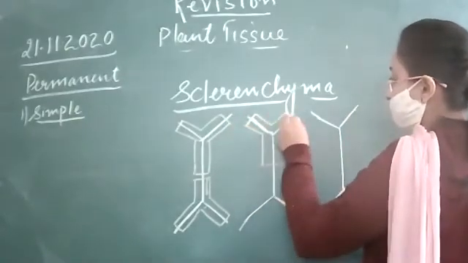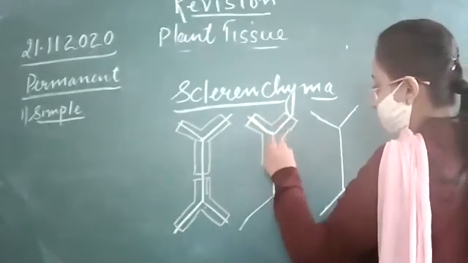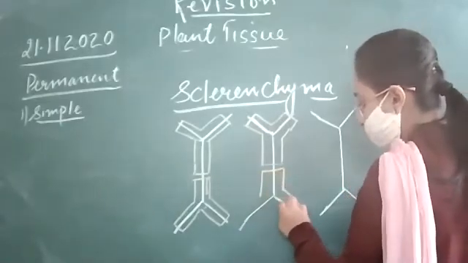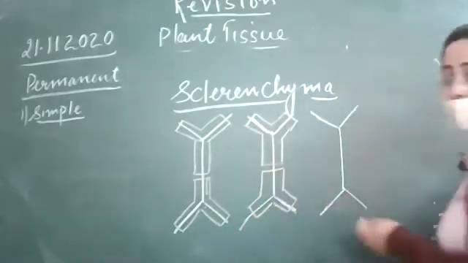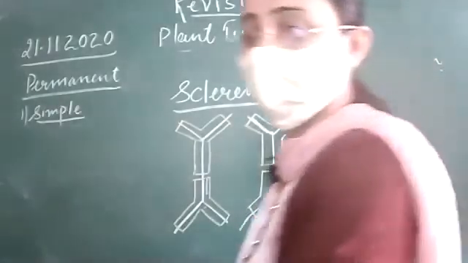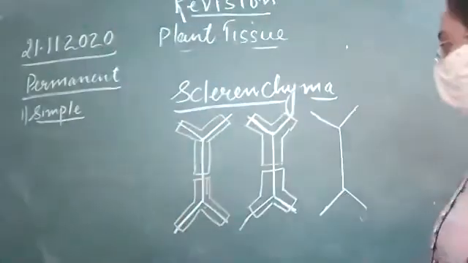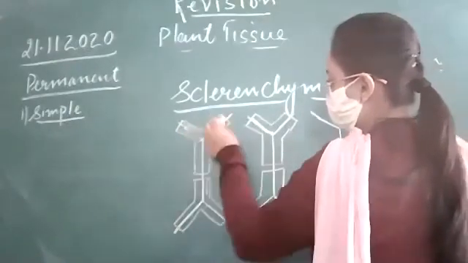So likewise you will make it in all the cells. This is thickening. Likewise, you will make it in the third cell wall and darken it, showing the thickenings.